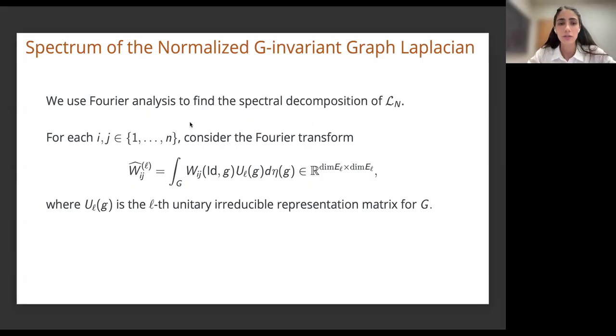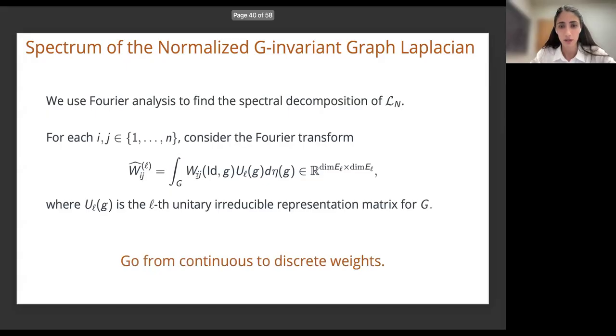Here we use the unitary irreducible representation matrices for our group to consider the Fourier transform of the Wij operator. The Fourier transform is a great tool because it allows us to go from continuous weights to discrete weights. And that's great because we're back to something that's finite dimensional.